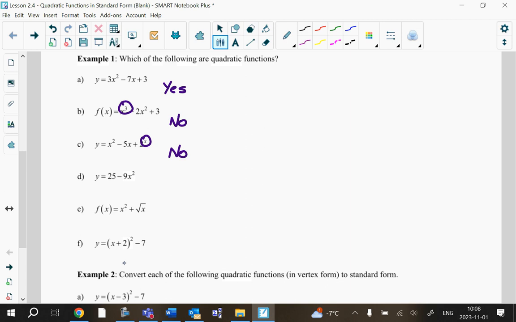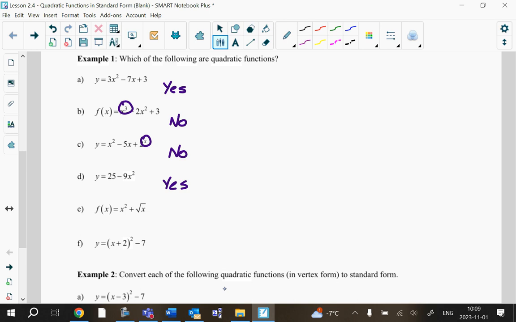Next one? You got to think back to grade 10. How do you write the square root as an exponent? Do you remember? X to the, I thought I heard half.